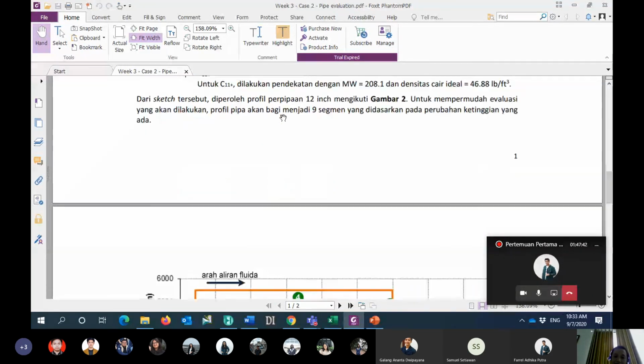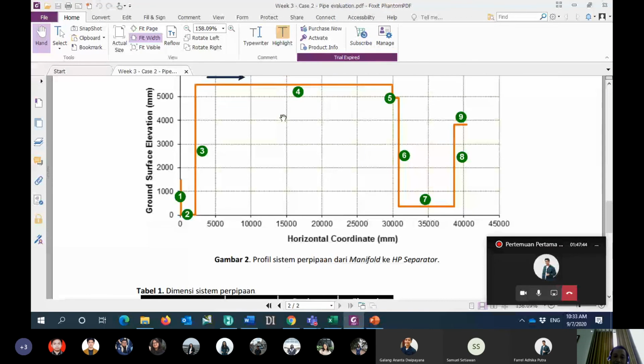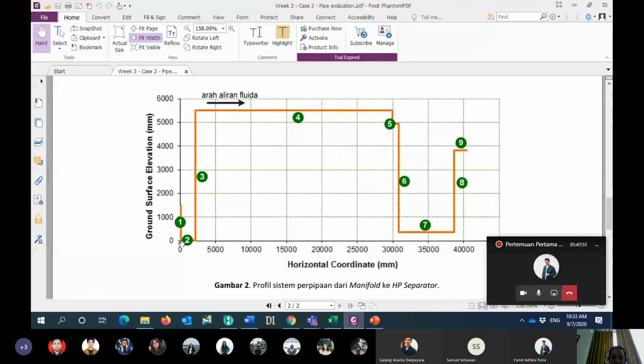When you look at the elevation of the pipeline, from the manifold it will go down straight above the surface, then go up to the pipe rack, move straight horizontal in the pipe rack, then go down again, and then go up again to the separator. This is the pipeline system from the manifold to the separator.